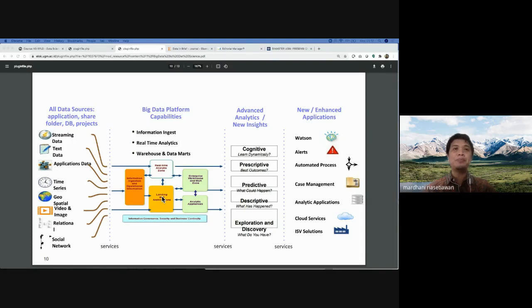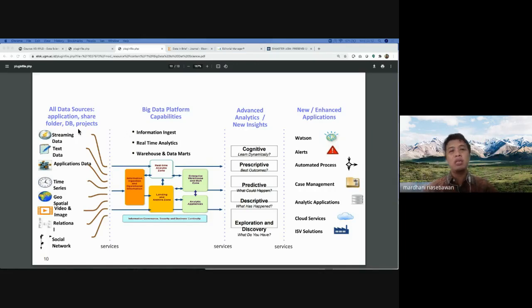And also we have the data mart. Data mart is a collection of data sets that are already ready to process and use in the data science process. And that's why in here you can see, when we discuss big data, at least we have two parts there. The first part is from the data source management.